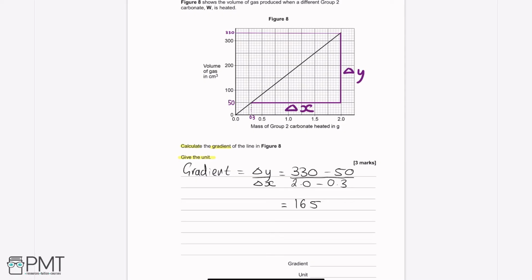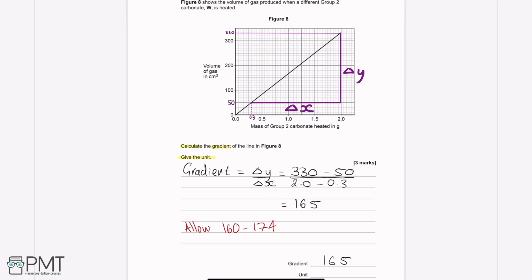Now, because this question involves reading off a graph, there is quite a lot of room for error. So in the mark scheme, it says that any answer between 160 to 174 is allowed. Okay, so 165 fits perfectly within that range.